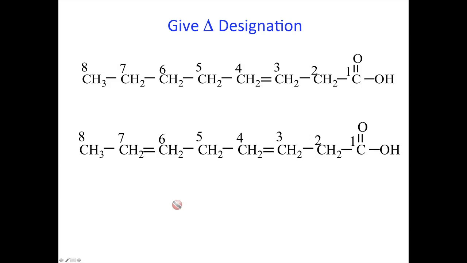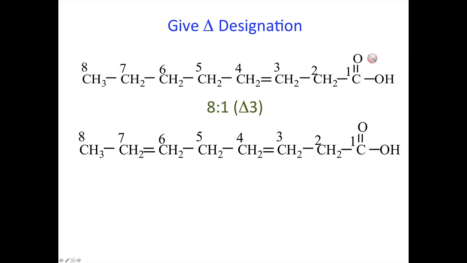Okay, so you think you have the answer. So let's see. Right, so for this one it is 8, 1, delta 3. That's the delta designation for this. So let's see how we got that number and be precise. Now with the delta designation, you'll be counting from the carboxyl end. So remember, over here, this is the carboxyl end.